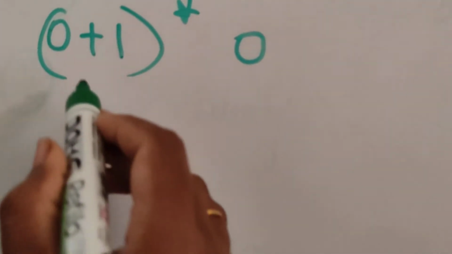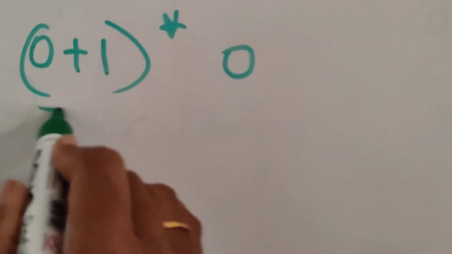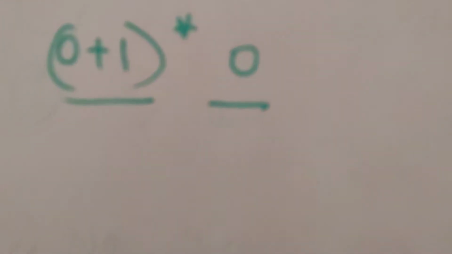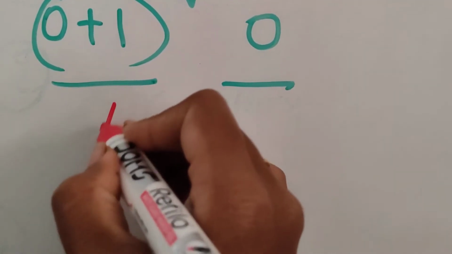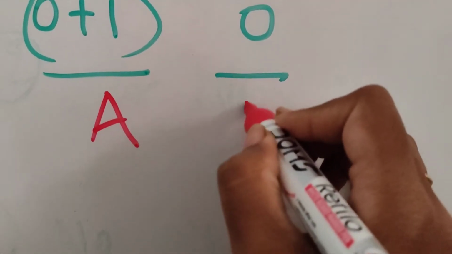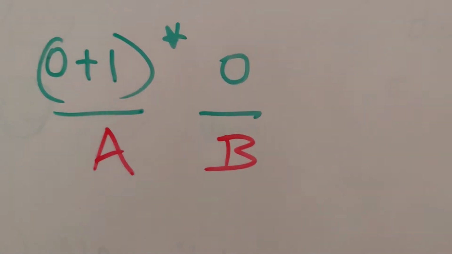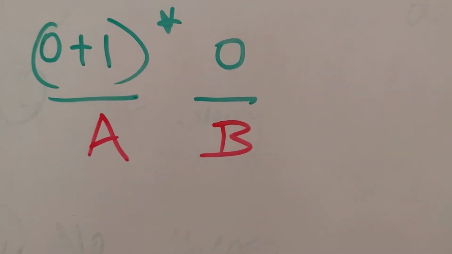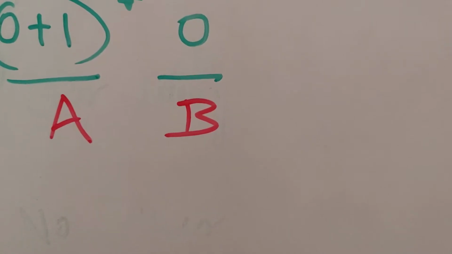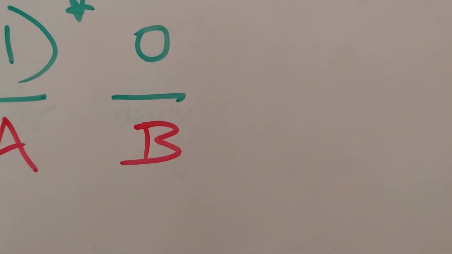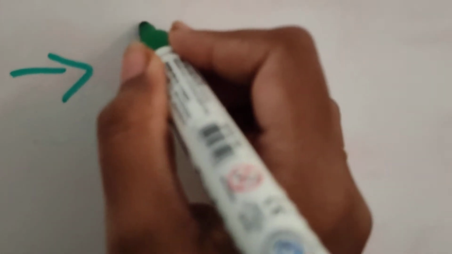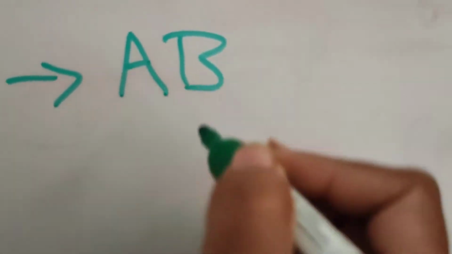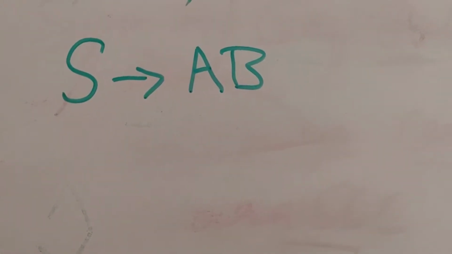If I consider these two parts as two separate expressions, suppose this one as A and this one as B, then from the starting symbol S, I get A followed by B.